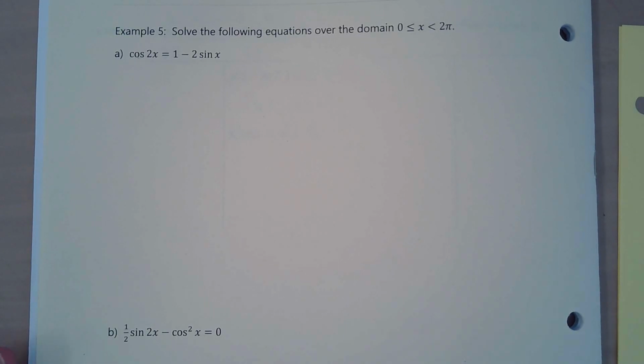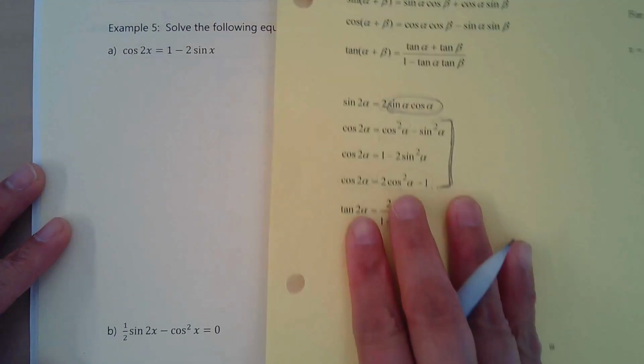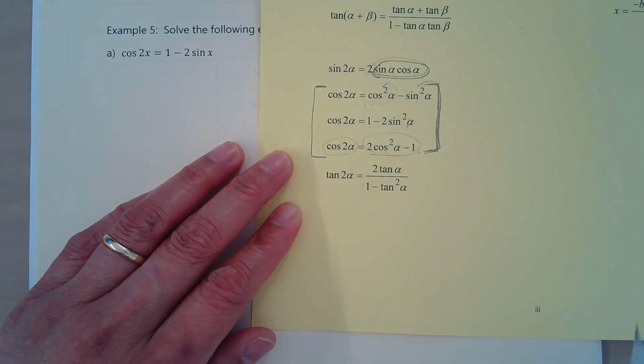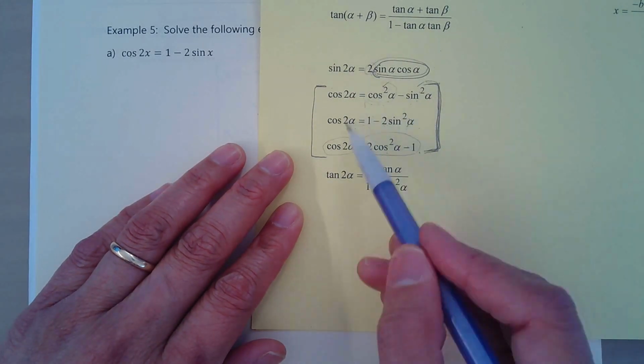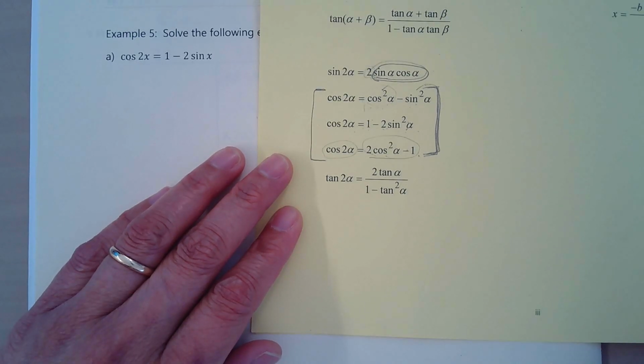Okay, well, how can we fix this? Well, we know that cos 2x, we have 3 different identities for that. Now this is the good time to actually pick the right one, because now we're actually solving. So which one do you think would be beneficial for us?